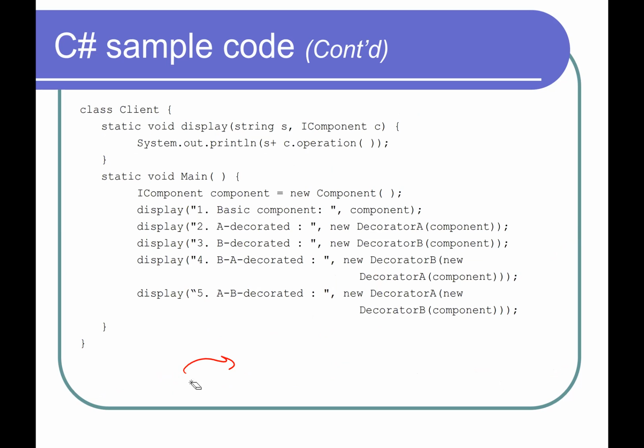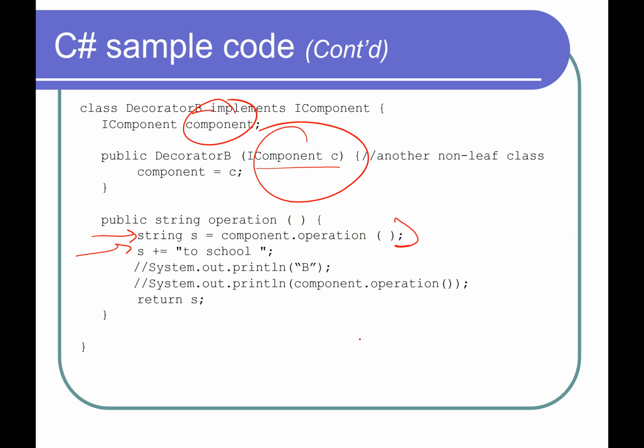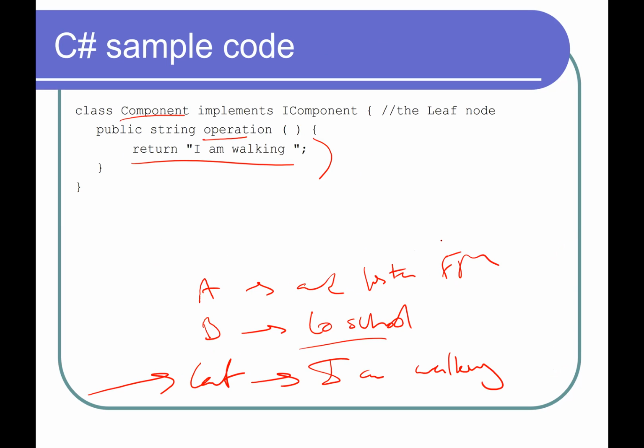Okay, and here's the dynamism: same objects but different outputs. In the second example, I have my component being given to a decorated B. So I have a B pointing to the component. What does B print? It prints to school, but just like decorated A, it asks the next object in line to print first before it does. So it's actually going to print I am walking.